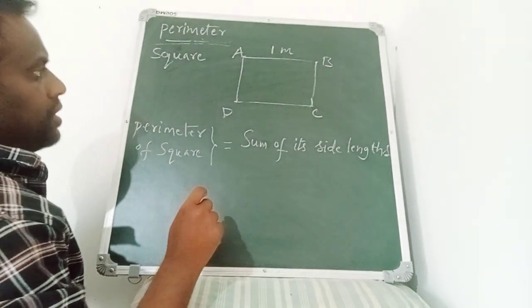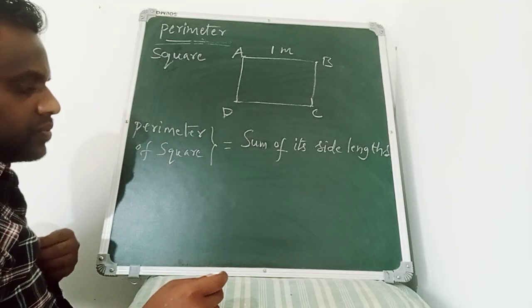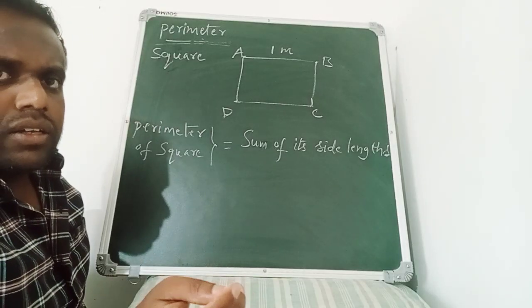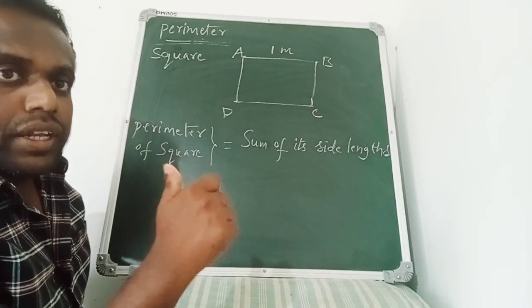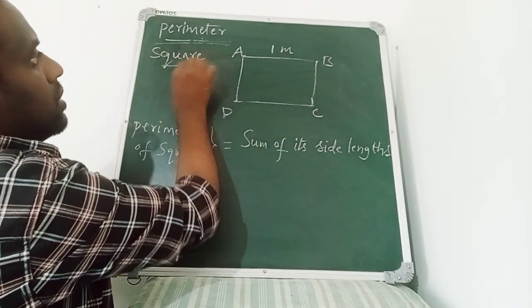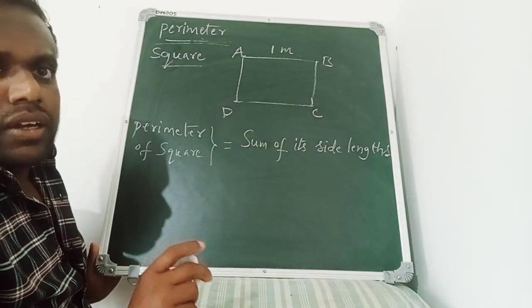Here, what is the point? You should know what a square is. Okay. See, in the case of a rectangle, opposite sides are equal in length. We have seen. But in the case of a square, all sides are equal. Okay.